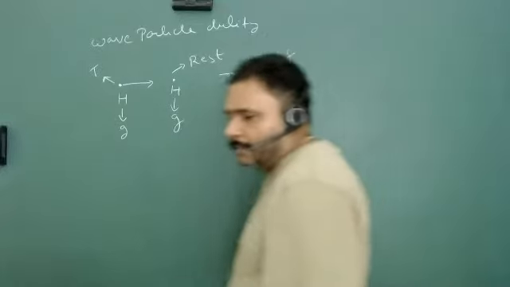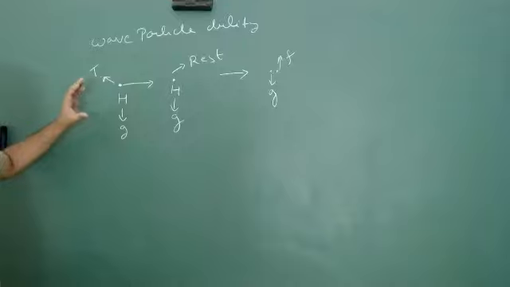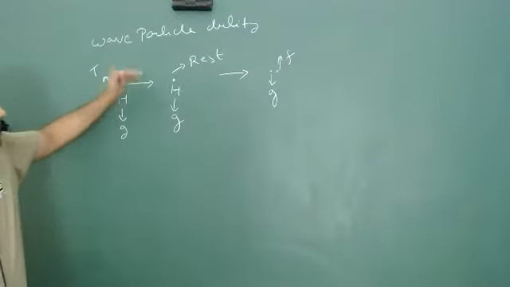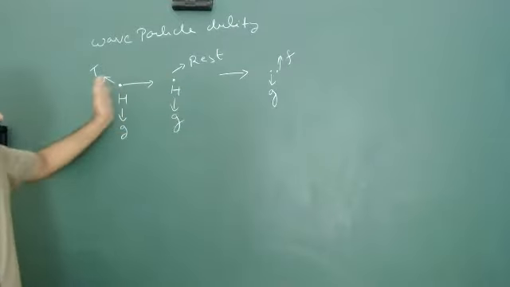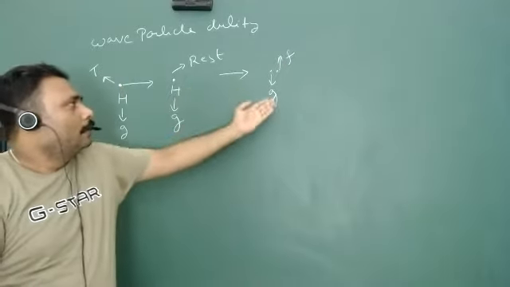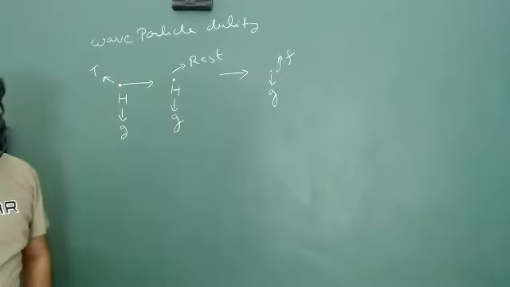So this is the situation, and this is the main information. The first is in the ground state, it is moving, and collides with the hydrogen atom which is at rest, also in the ground state. After the collision, one will be in the ground state, another in the first excited state.